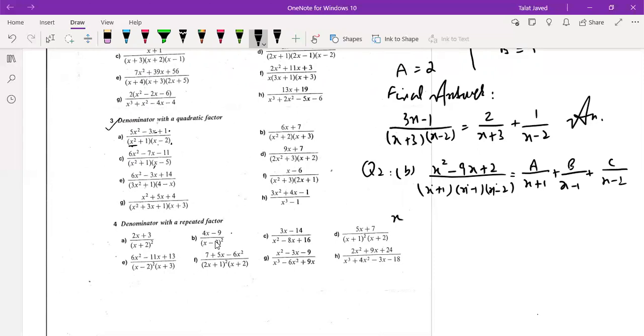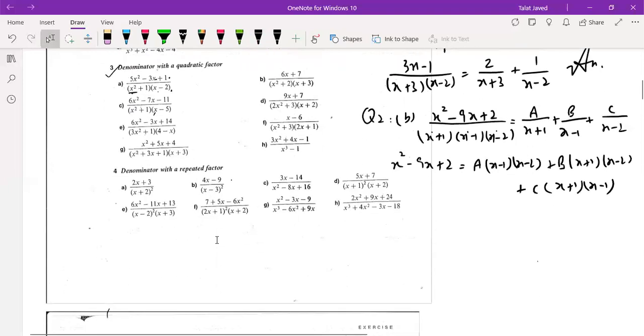When we do this, we get x square minus 9x plus 2 equal to a(x minus 1)(x minus 2) plus b(x plus 1)(x minus 2) plus c(x plus 1)(x minus 1). This is step number 2.